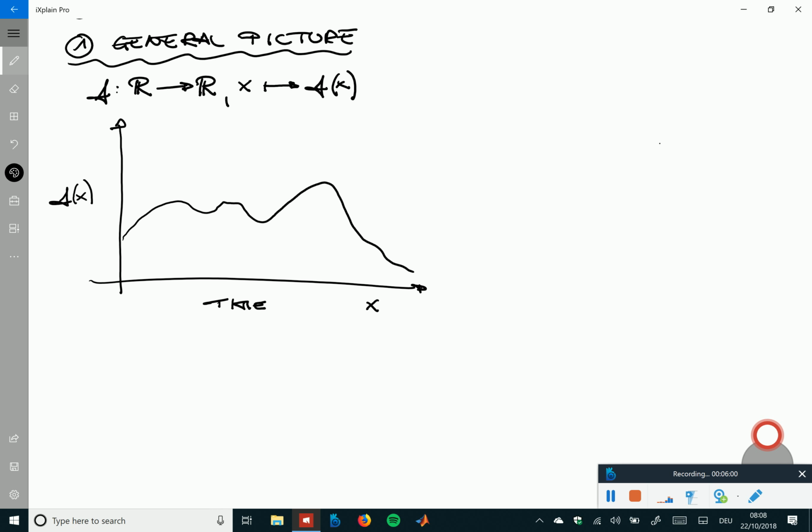For example, the MR signal, so the magnetic resonance imaging signal at a specific location, or the EEG signal in a given electrode, or if you want, also reaction times in a sequence of trials where at each trial, the participant does something.